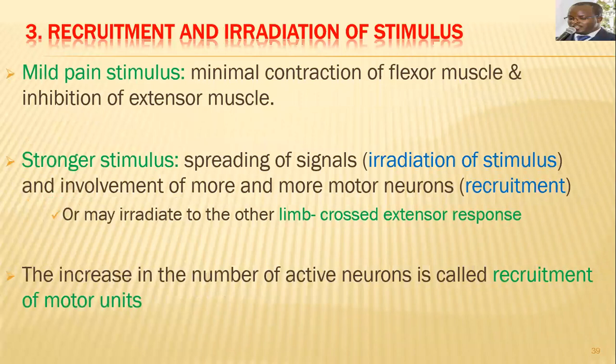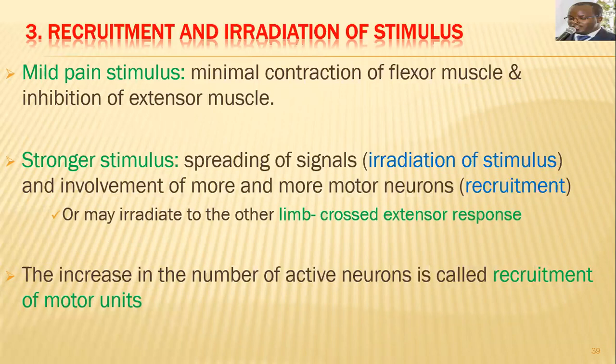The third one, recruitment and irradiation of stimulus. So mild pain stimulus, minimal contraction of flexor muscles and inhibition of extensor muscles. If you have a mild pain stimulus, you find that you just have minimal contraction. So not all the muscle fibers are going to be involved in that flexion of the limbs or inhibition of the extensor muscles, because the pain is mild.